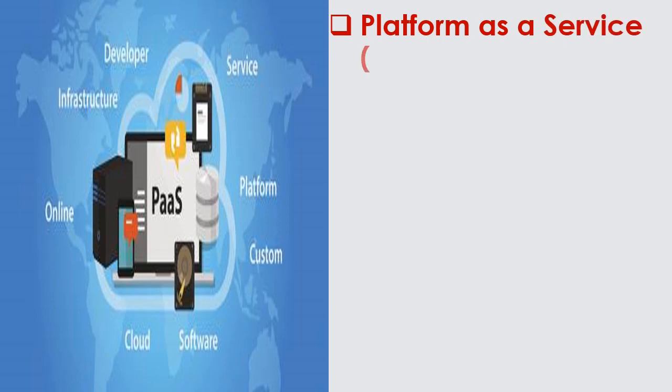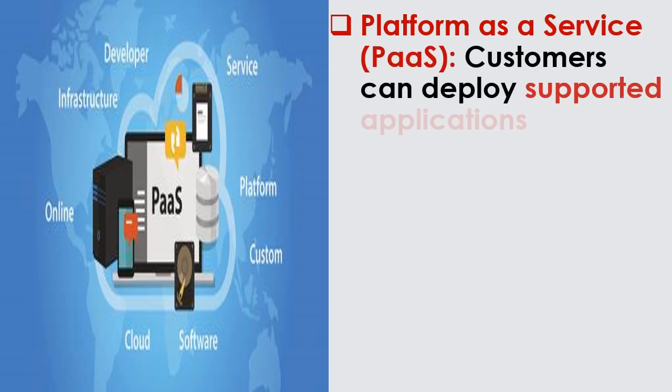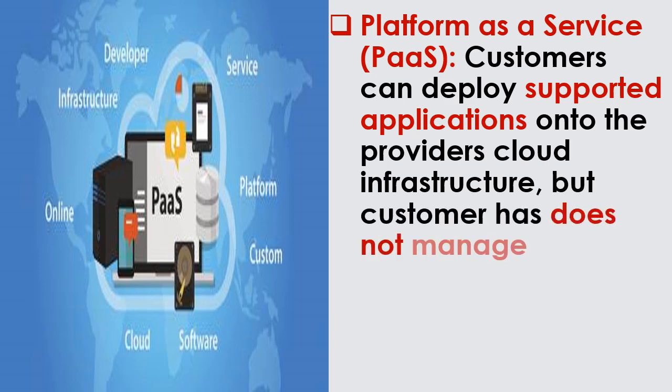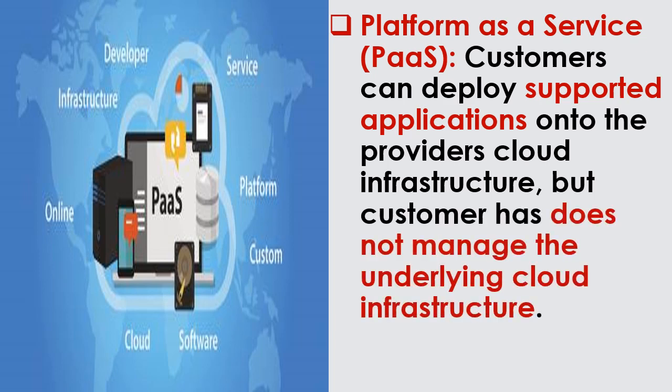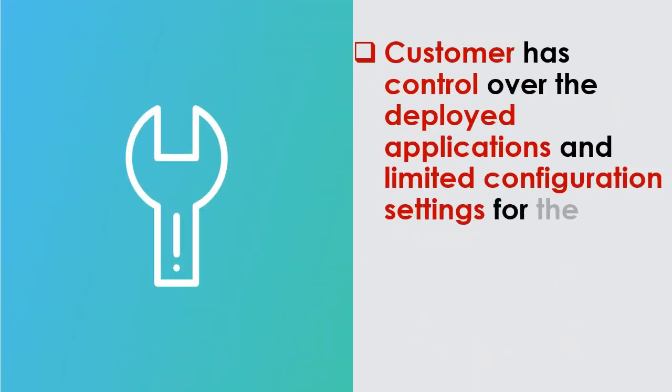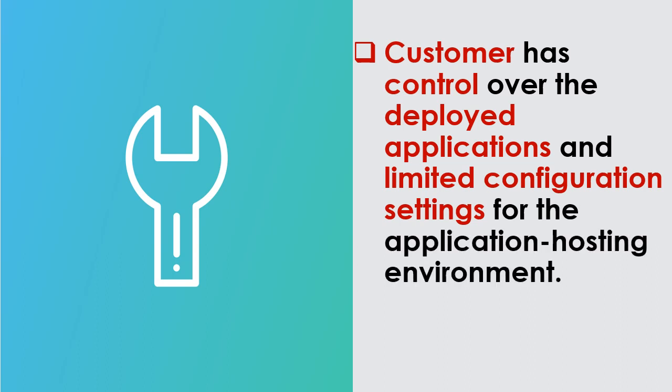Platform as a Service, PaaS customers can deploy supported applications onto the provider's cloud infrastructure, but customer does not manage the underlying cloud infrastructure. Customer has control over the deployed applications and limited configuration settings for the application hosting environment.